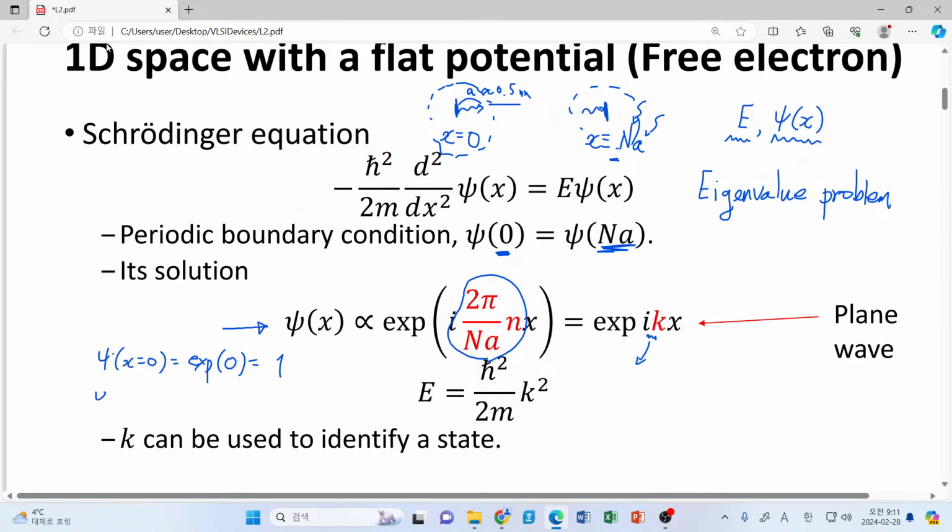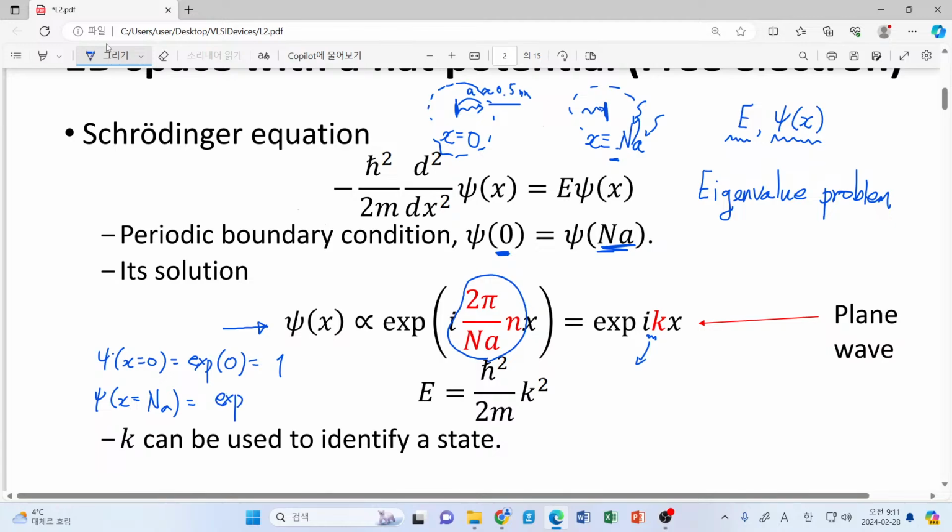And what happens if we go to x equal to Na? Then we will have exponential of i times, so this N a and Na, both of them are cancelled out. Then we will have 2 pi n, an integer multiple of 2 pi. So it will give us once again 1. So it happens that they are the same.